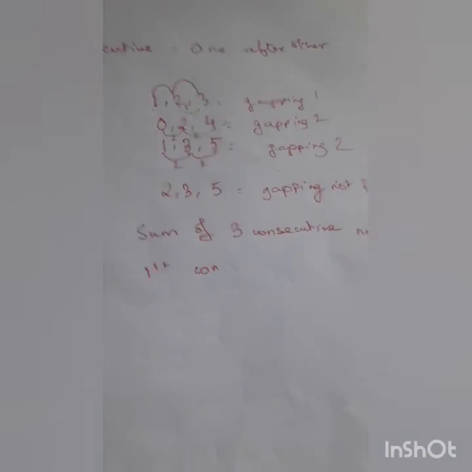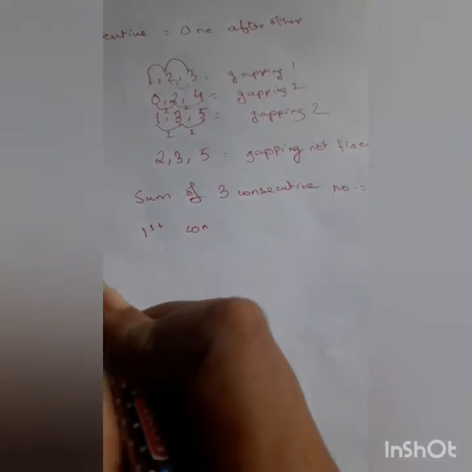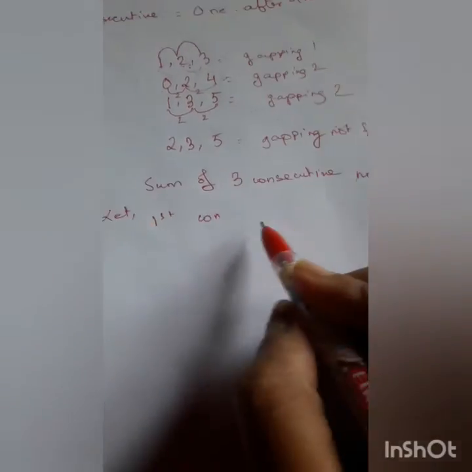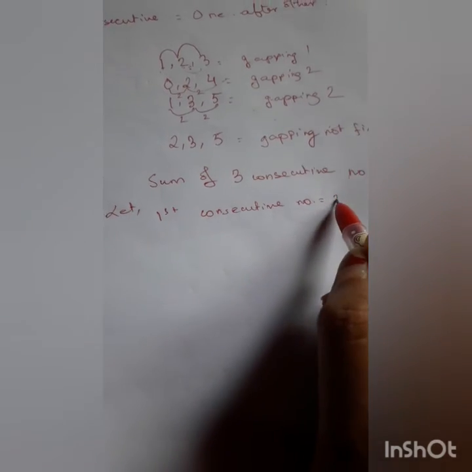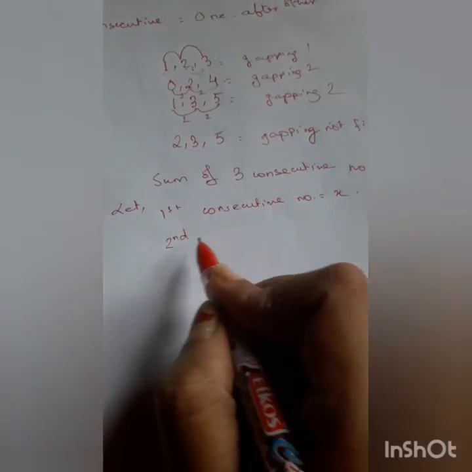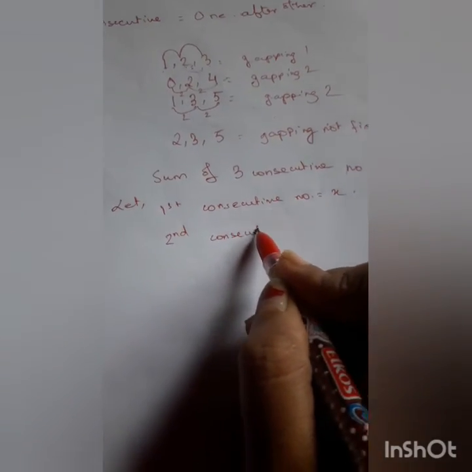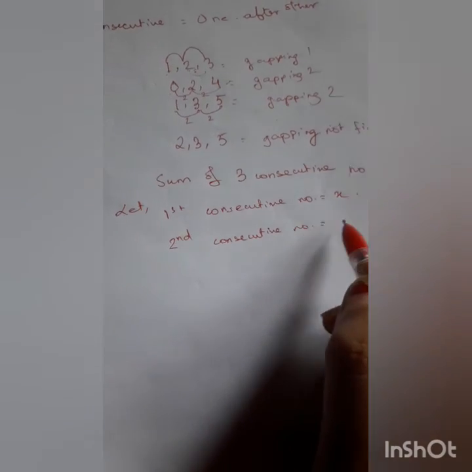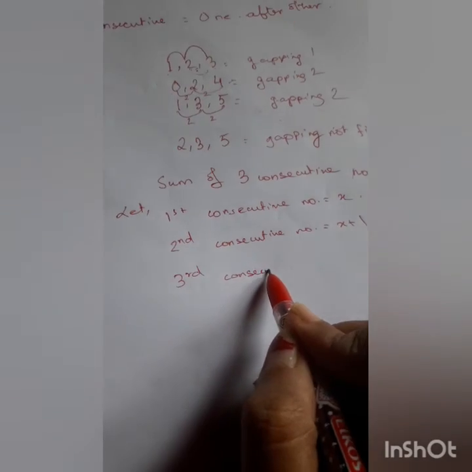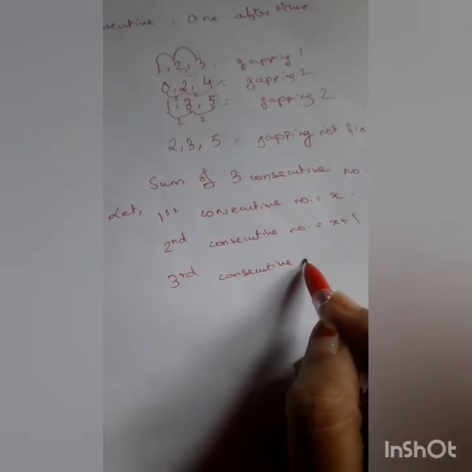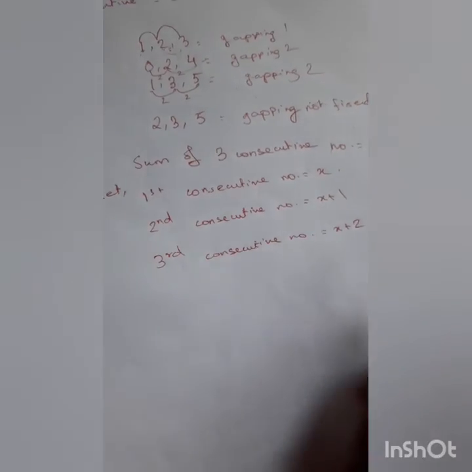Okay, so they have just asked the sum of 3 consecutive numbers is 65. So I will take the first consecutive number as x. So the second consecutive number will be x plus 1. So the third consecutive number will be x plus 2, isn't it?